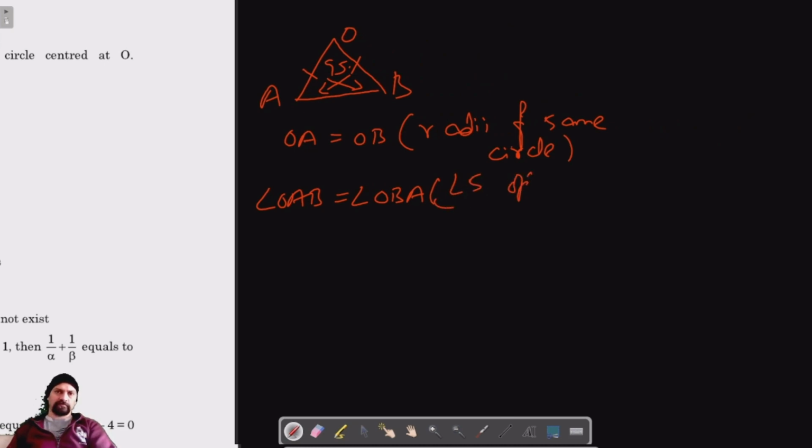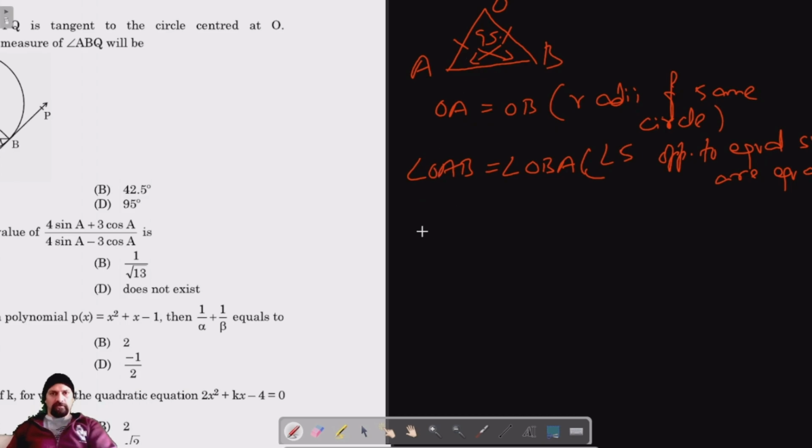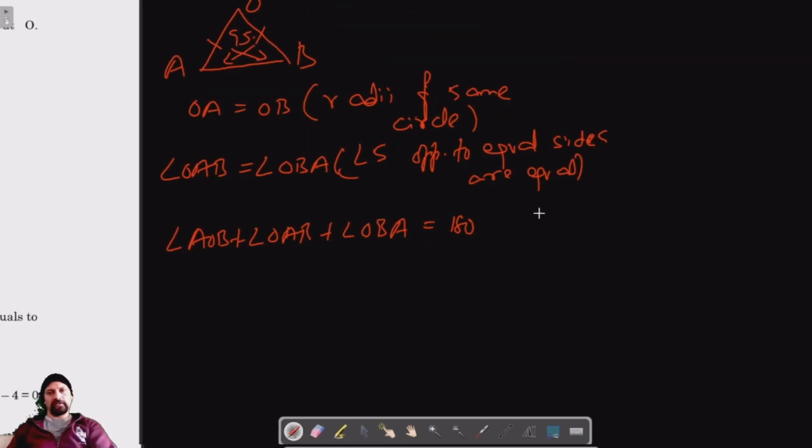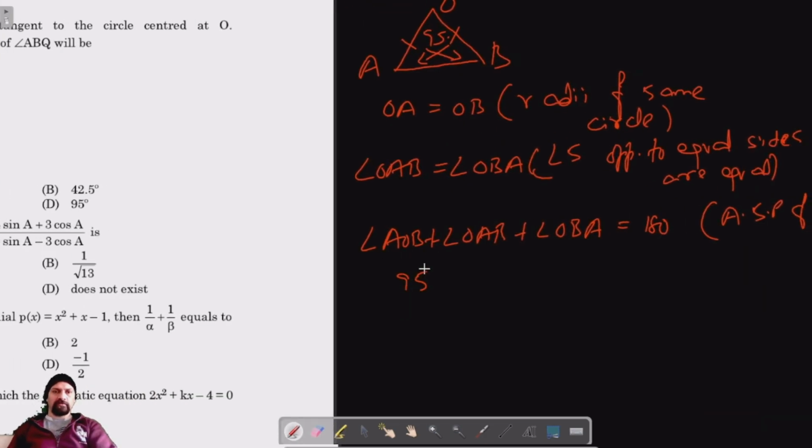Because angles opposite to equal sides are equal. And if you use the angle sum property here, angle AOB plus angle OAB plus angle OBA is equal to 180 degrees. This is because of the angle sum property of a triangle. Now we know angle AOB is 95 degrees.